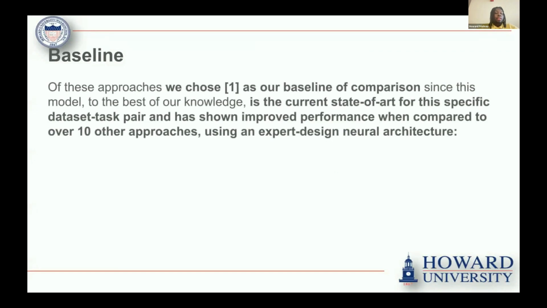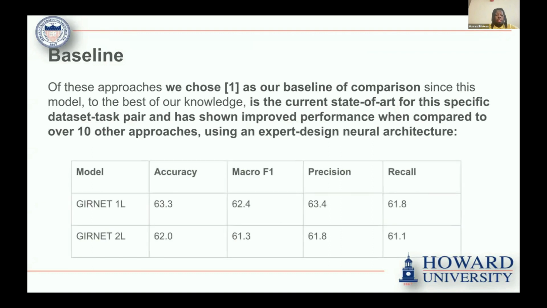The current baseline in the field is the approach we chose as our baseline. I believe it was GERNet as our baseline comparison, and it is the current state of the art for the specific dataset task pair and has shown improved performance when compared to over 10 other approaches using an expert-designed neural architecture.